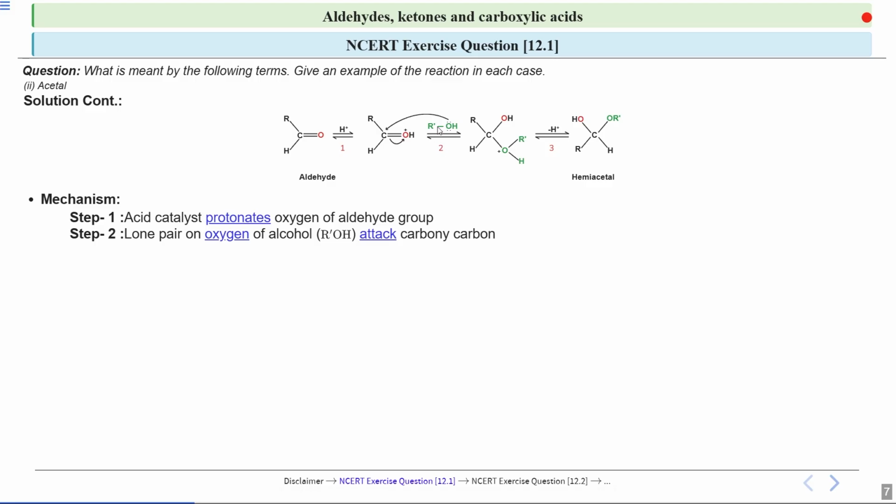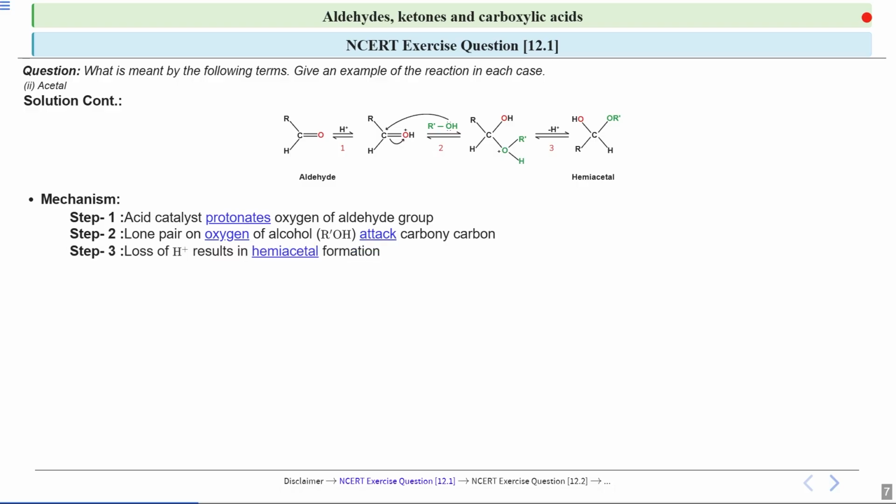So this alcohol, in which the oxygen has lone pairs, attacks this carbonyl carbon, and you see a new bond is formed between the carbonyl carbon and the oxygen of the alcohol. So this alcohol acts as a nucleophile in this step.